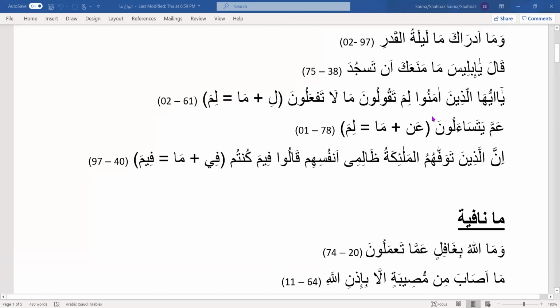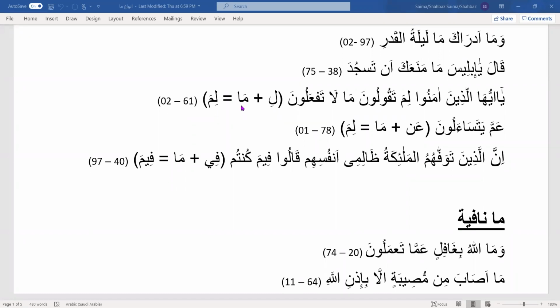Now, moving on. Sometimes ma istifhamiyah loses its alif. When does that happen? Like in the next example, Ya ayyuhalladhina amanu lima taquluna ma la taf'alun. So originally what it was, li plus ma, like written here. Li plus ma is equal to not lima, it is lima.